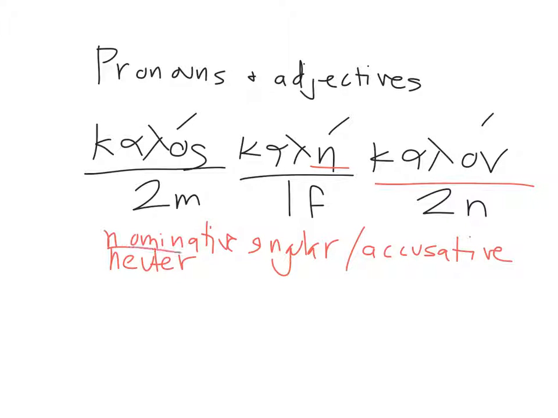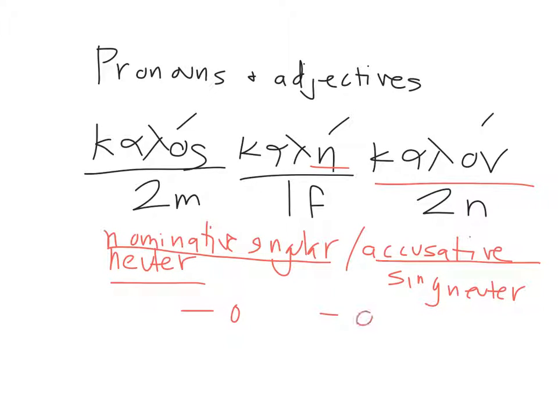The nominative singular neuter, the accusative singular neuter, as well as the vocative singular neuter, they end in omicron instead of omicron nu. It's a very minor difference.